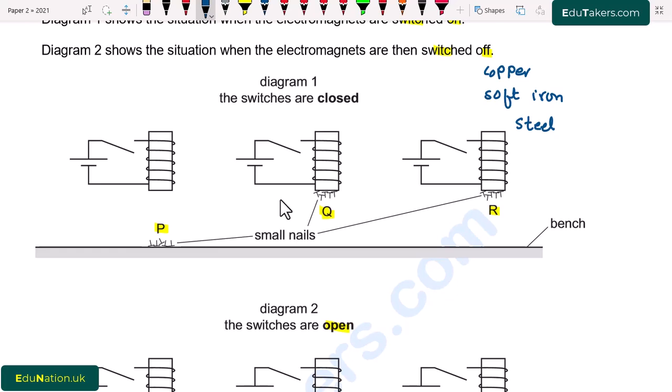When we stop the current, there will be no magnetization. It is totally unmagnetized. So first of all, we see here when the switch is closed, in P, the nails are on the surface, but nails Q and R are attached to the magnet. So iron is between Q and R.